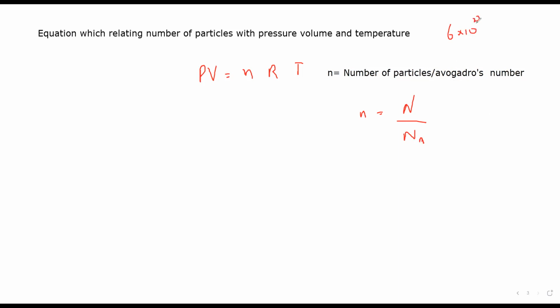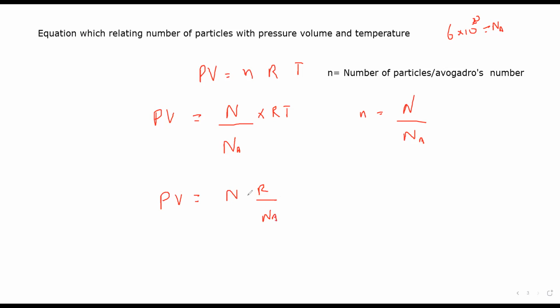So I'm just writing 6 exponent 23, which is Avogadro's constant Na. So in place of moles, I can write capital N over Na. So PV equals capital N, the number of particles, over Na, Avogadro's constant, times RT. Now, if I rearrange this equation, I have PV equals N times R divided by Na.